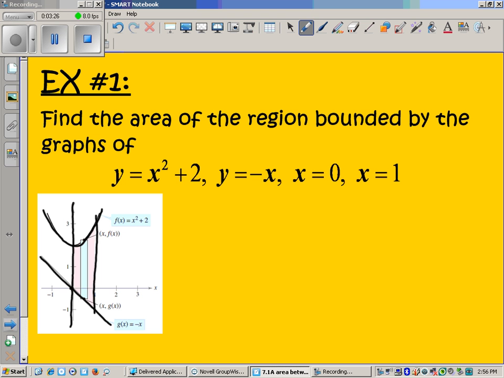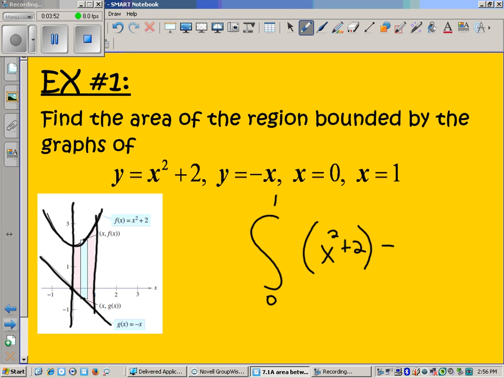So let's integrate. Because we're finding the area between two curves, let's integrate it. And we're integrating it from where to where on the x? Well, from 0 to 1, right? Those are my limits of integration. All right, who is my top function? The one that's bigger than, above. It's my x squared plus 2, right?